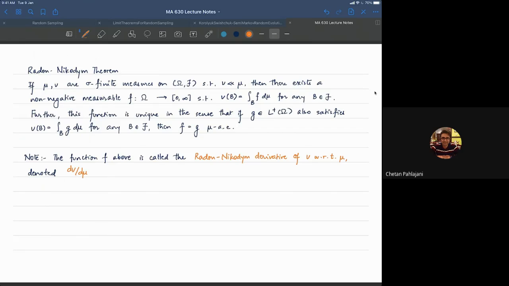And maybe let me write it as a proper fraction rather than inlining. It's written d nu over d mu.